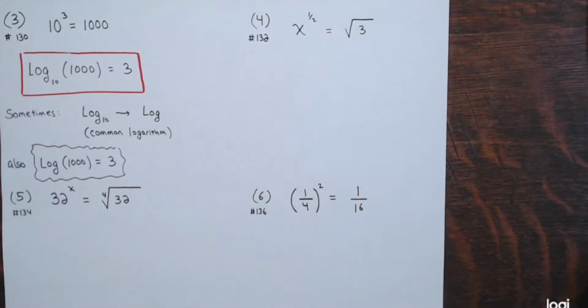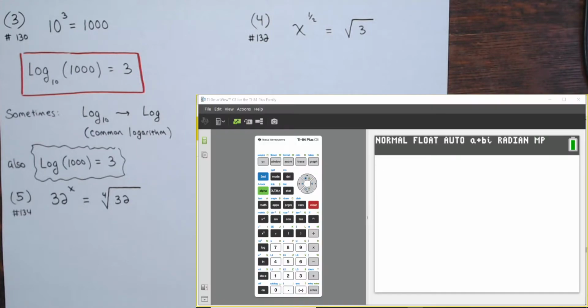Alright, let me show you with my, I have a TI-84 simulator here, emulator. You may notice that there's a button on the left side that just says LOG. That's log with a base of 10.